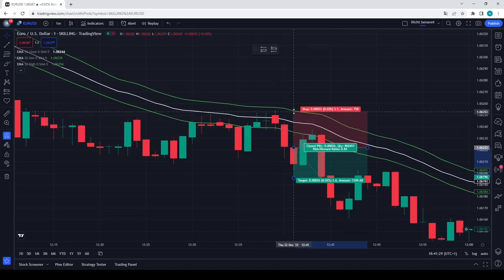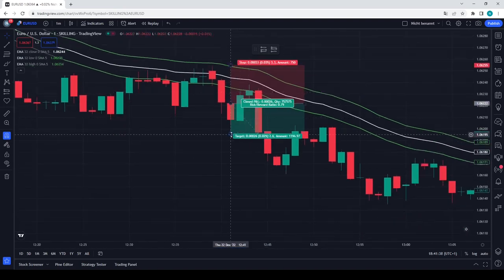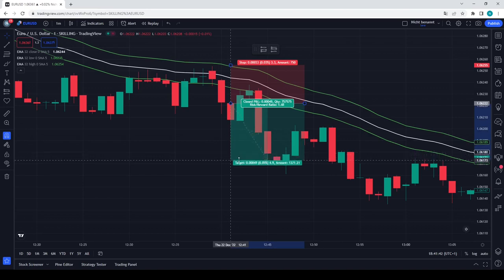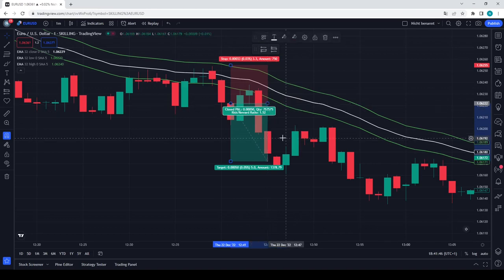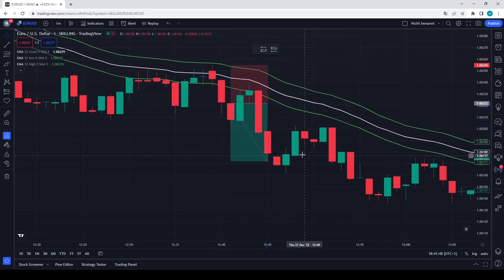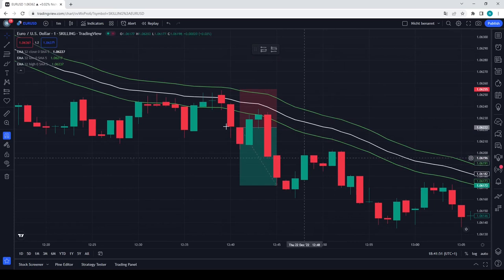The stop loss will be right above the recent high, and the risk reward ratio will be 1 to 1.5. So we set that up over here, and this is the moment where we will get our take profit.